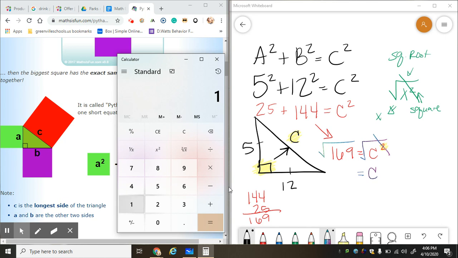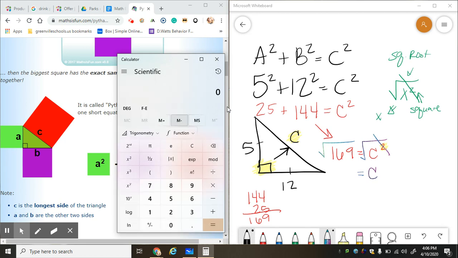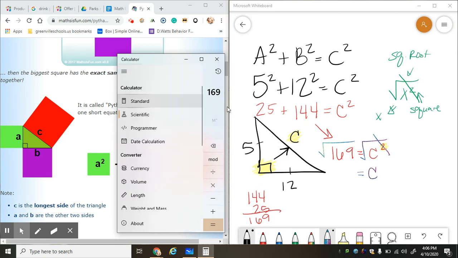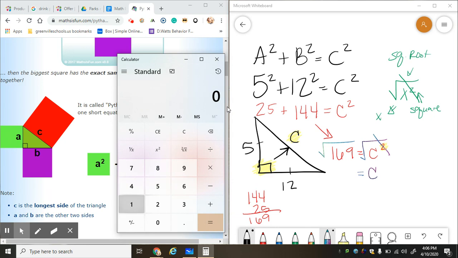So type in 169 square root. In the scientific calculator, oh, you know what? I don't see it in here. So you might need to stay in your standard for that and click that button. So your answer is 13. Okay, so that's for that side length.